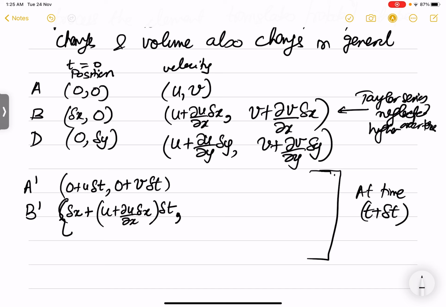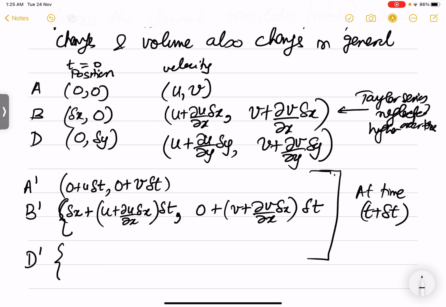So this will be the x coordinate of point B in the new location. And similarly, the y coordinate will be 0 plus v plus partial v by partial x delta x, multiplied by delta t.